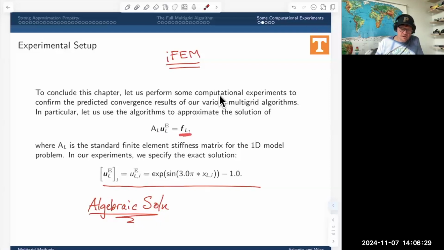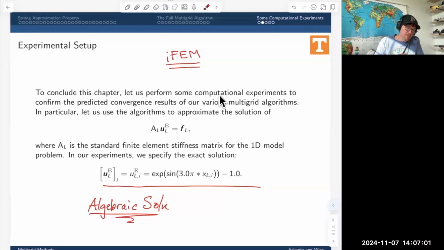And that gives us the loading vector. So rather than compute this from some L2 function f, which is what we normally do, we're going to do something called manufacturing the true solution. Or we're going to manufacture the forcing vector by constructing the true solution from a known vector. So this is known. We now know what the true solution is because we're going to manufacture the right-hand side so that that is exactly our true solution.